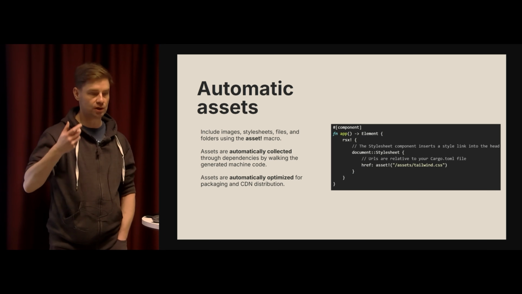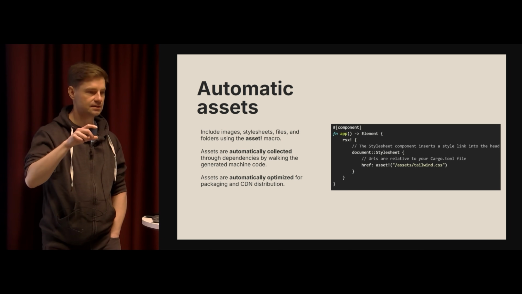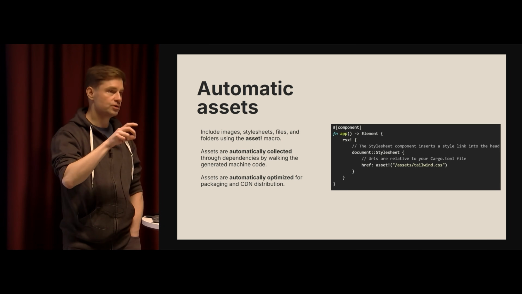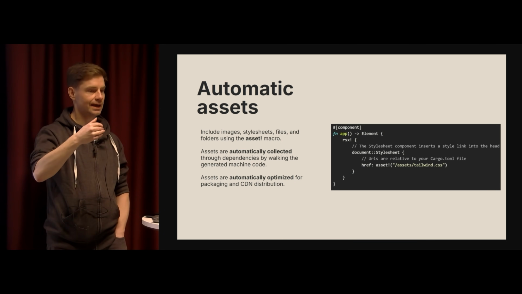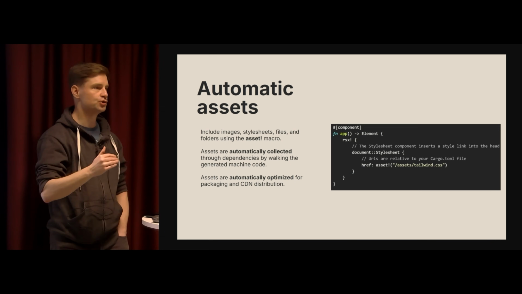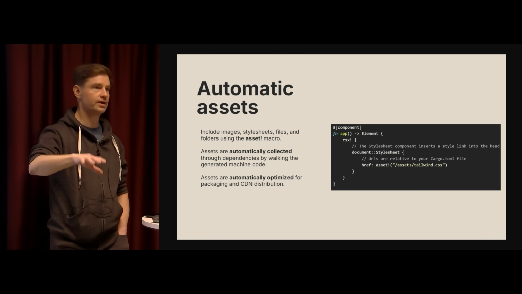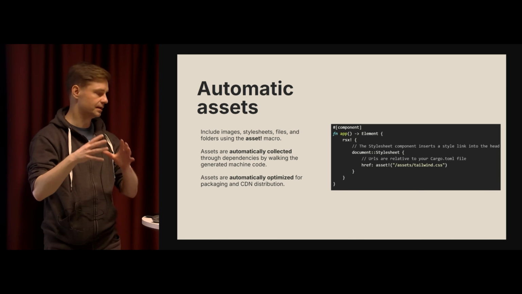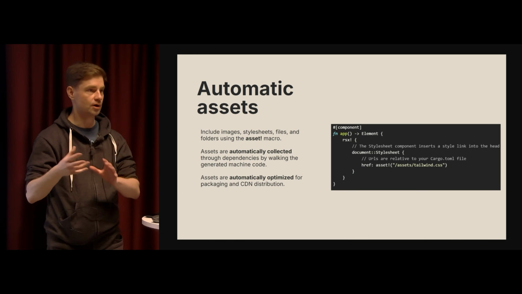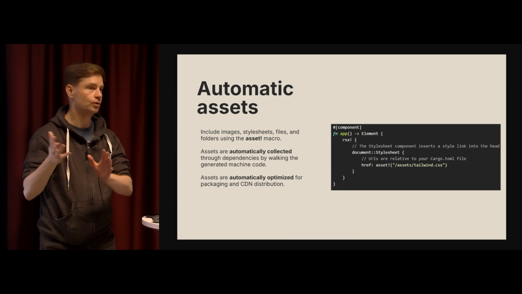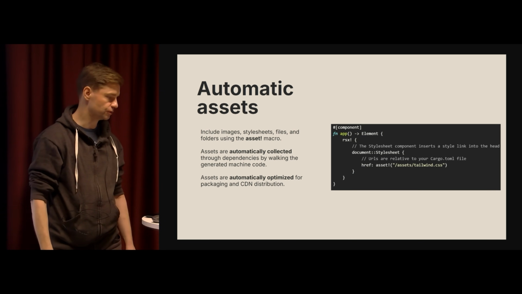But then internally, the system tags this into the binary, so that when you compile, it goes into the dependencies, and then at the linking phase, it collects all these assets that have been mentioned in different crates, in different parts of your source code. It all gets collected and processed, optimized, and so on, into the final bundle, or into the web folder assets, or whatever your target is.